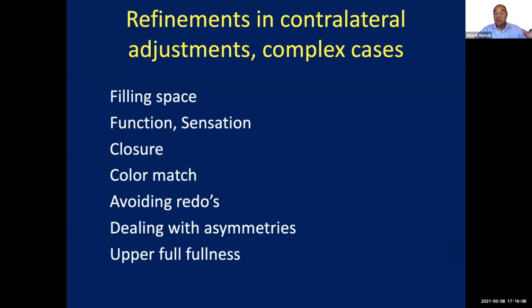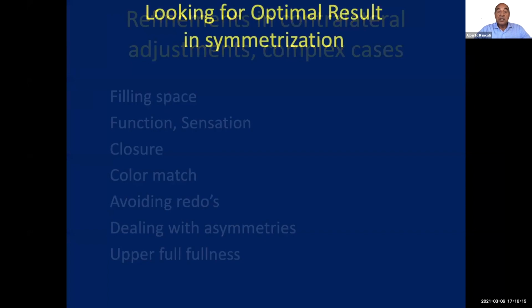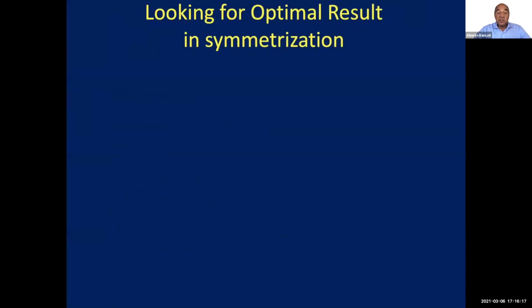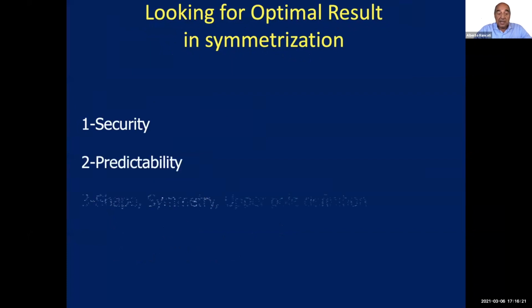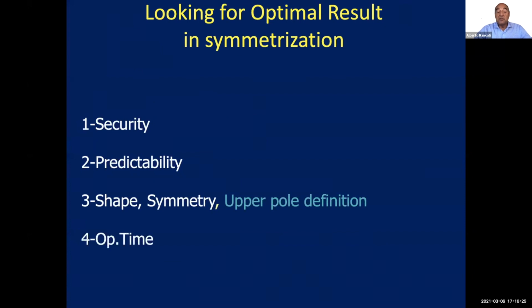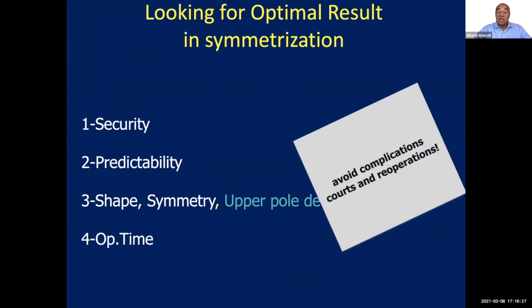This is everything in breast surgery if you want to have a good outcome and to reduce your complications and morbidity. So if you are looking for an optimal result in symmetrization, of course, you are looking for security, predictability, shape, symmetry, upper pole definition, and operation time, and to avoid complications and legal implications of your surgery.